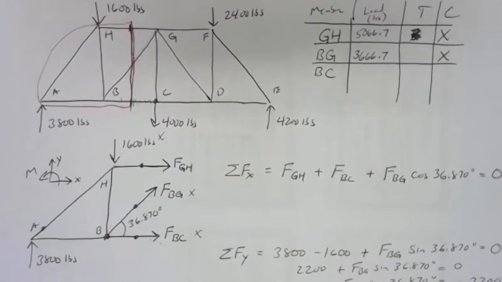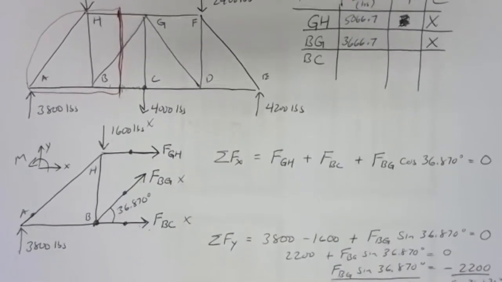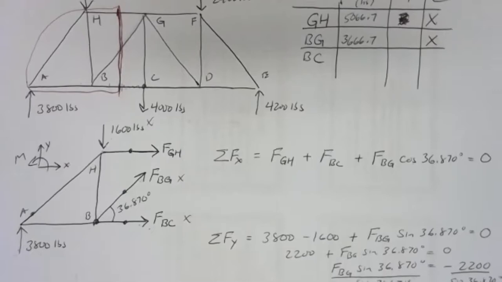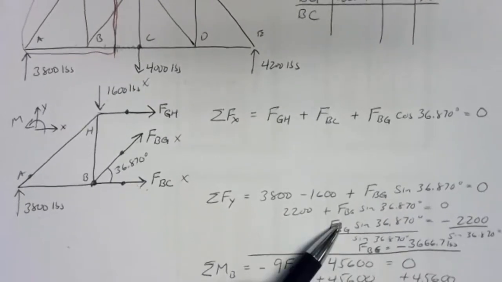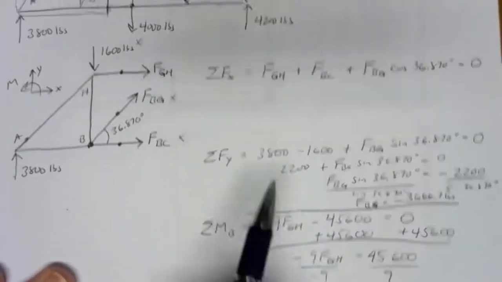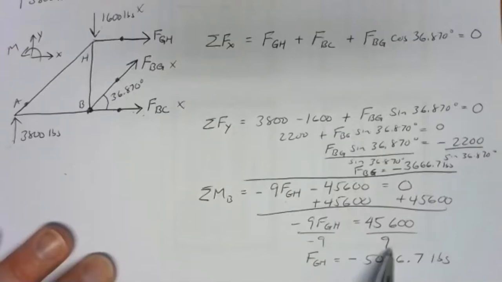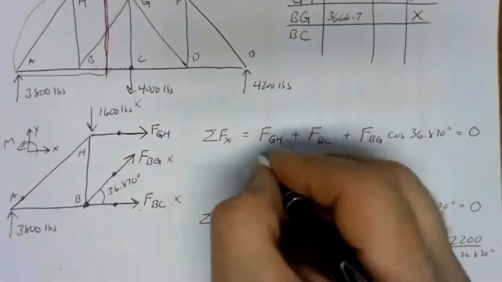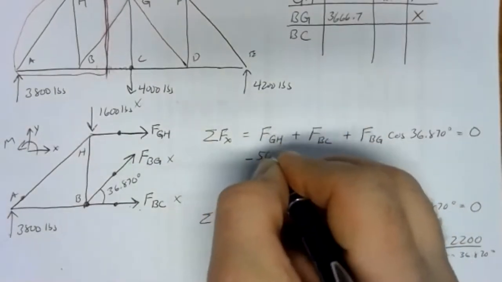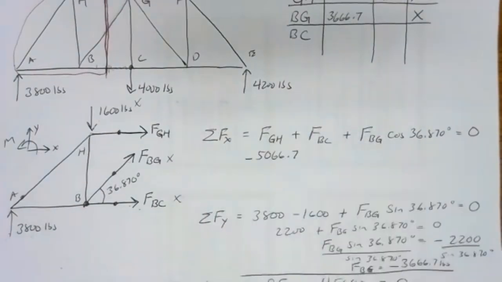Now in our last step here, we have to work with that x direction equation. And we're stuck with the numerical values, positive or negative, of those symbols. So we've got to use FBG as it sits. We have to use FGH as it sits. So here FGH I'm going to replace with negative 5,066.7.